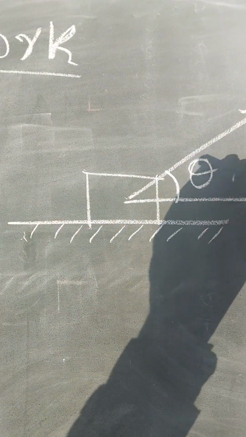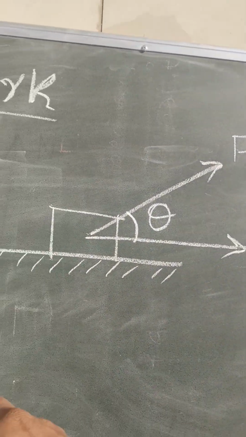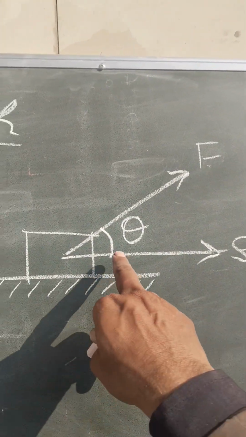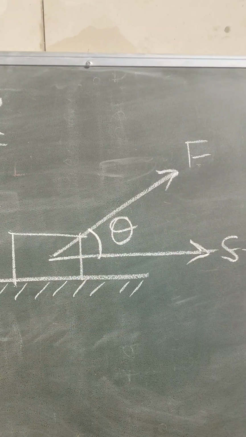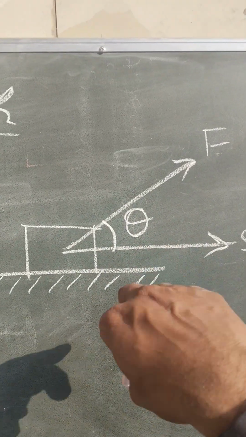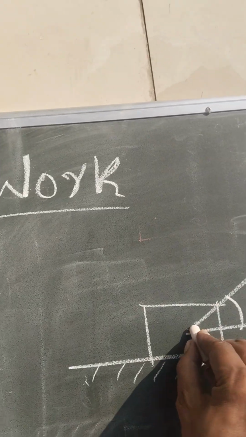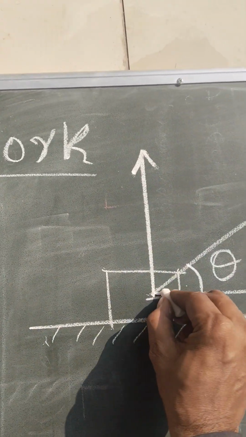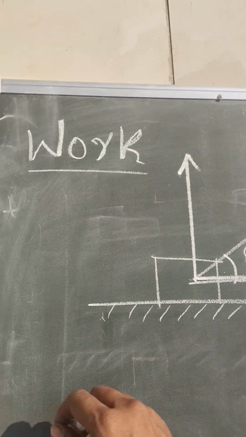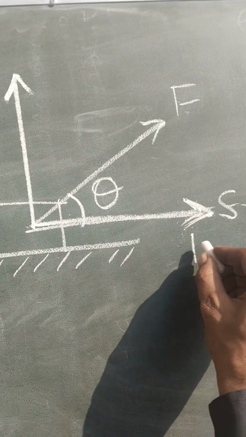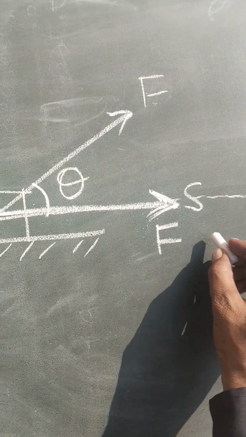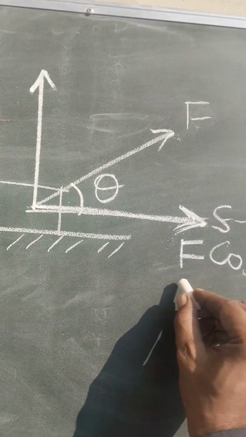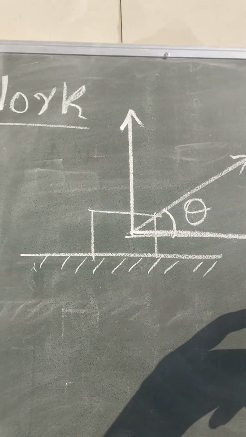So in the direction of S, the contribution of F can be found by taking trigonometrical ratios, and this is the force vertical component and this is the force horizontal component. So only the horizontal component of this force can participate in doing the work.